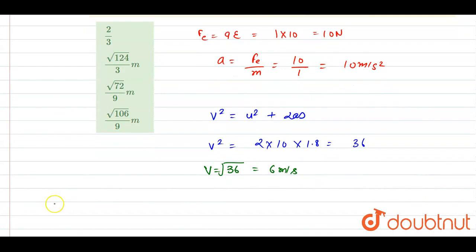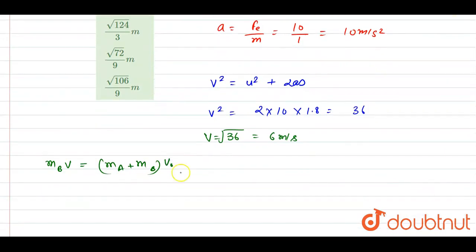And there are two masses. Earlier the mass B was moving with this velocity, and then they two combined, this MA and MB. So 1 into 6 equals 2 into V0. So the velocity of this will be 3 meter per second.